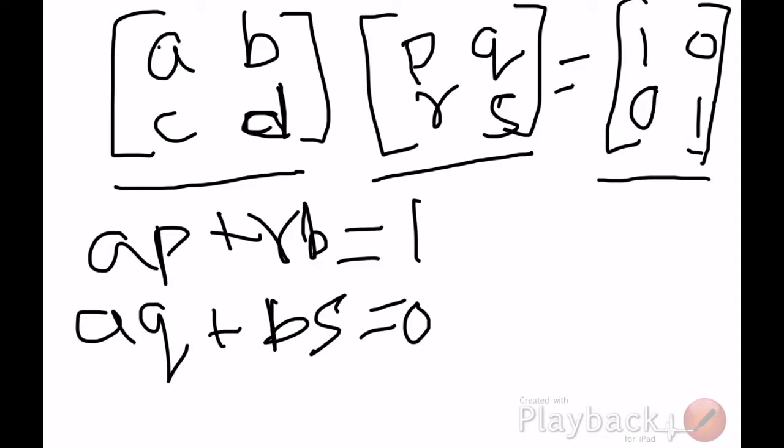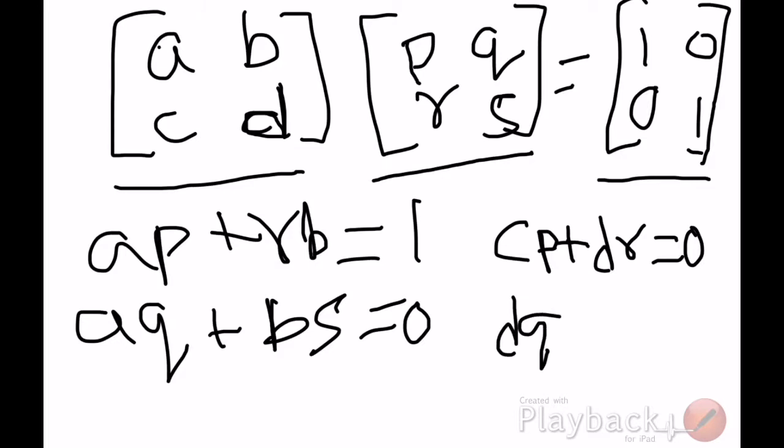Next, CP plus DR is equal to 0. Then we got, what did we get? DQ, right? No, it's CQ. This really matters.